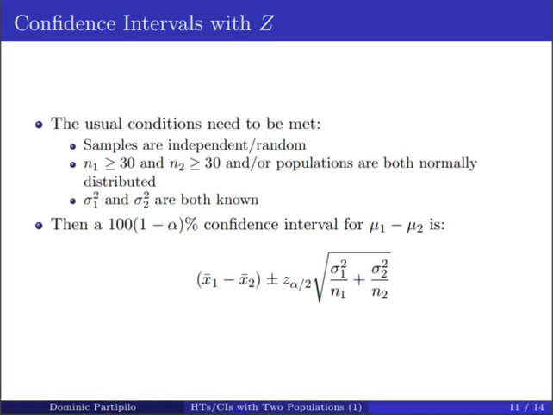And then to build a confidence interval around this, we need our usual critical value and then the standard error for our estimate. So this is the same thing we've been doing before with confidence intervals with one mean, but now we're just expanding it and adding a little bit more to the formula. But the concept itself is the same.